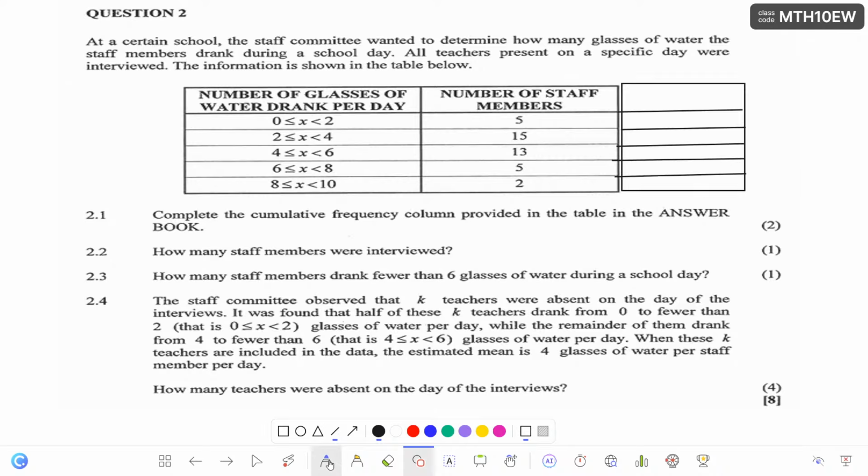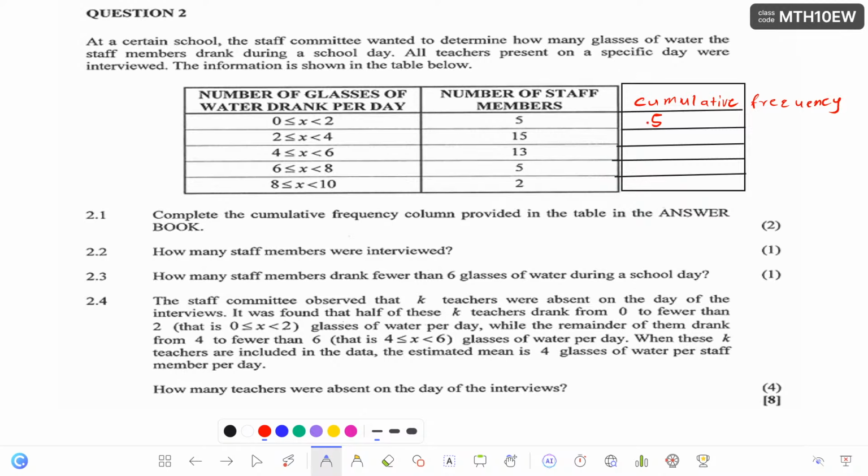The name of this one is going to be cumulative frequency. In order to complete the cumulative frequency, what you need to do, you're going to take this 5 and put it here, right?